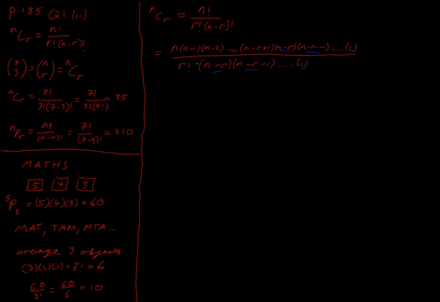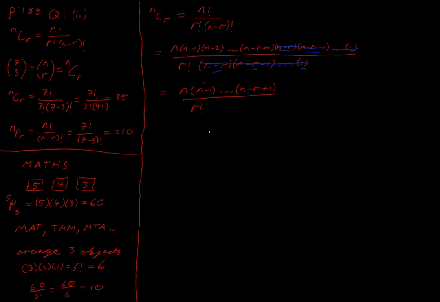So I can divide out all of that on the top and bottom line. And what am I left with? I'm left with n times n minus 1 on down to n minus r plus 1, so the number 1 bigger than n minus r. And then the bottom line is r factorial, my apologies. So that's what it simplifies down to.